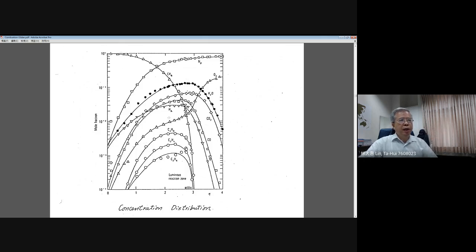For example, hydrogen is the major one, and also there are some C2H2 and C2H4. Actually, those species have small values because this is a log scale. They may exist, and the scale goes to 10 to the power of -3.